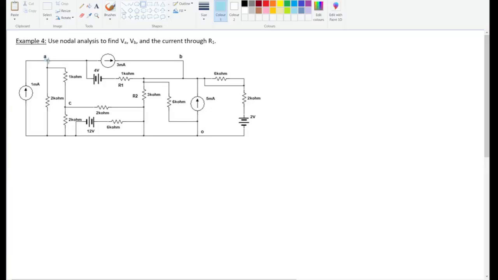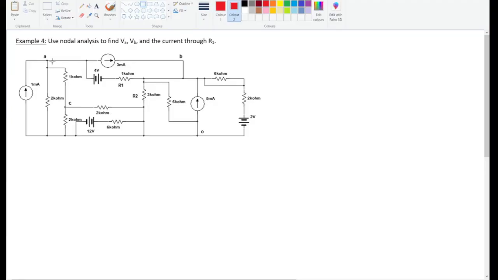Node A is over here, but actually there's no difference between node A and the node next to it. Let me just show you. I'm going to fill this in, and I need to change the fill color. There we go.